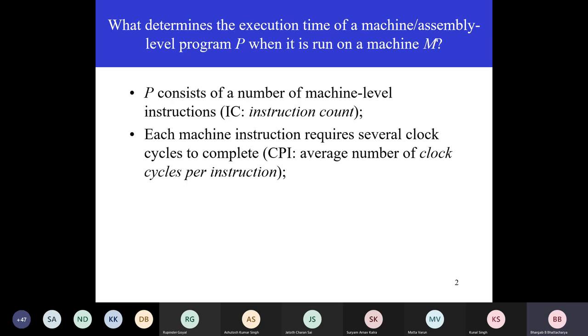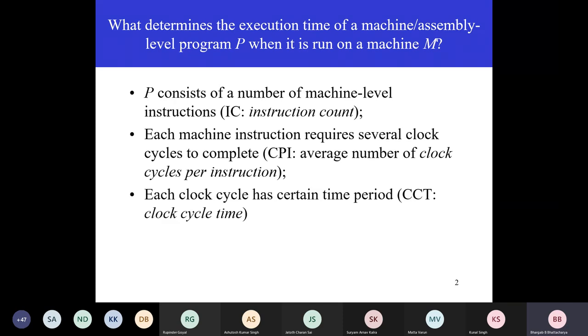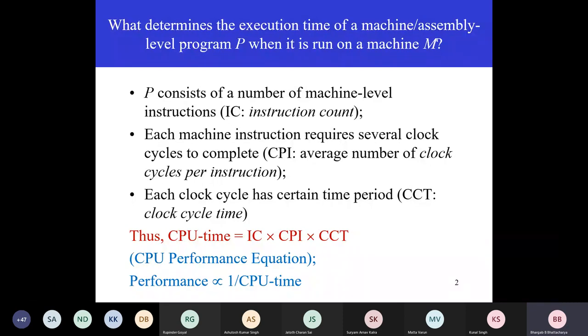This is a characteristic of the machine implementation. And each clock cycle has a certain periodicity, the clock cycle time, right? CPU time is the product of these three parameters, and if the machine runs faster, we say that the machine performance is better. Therefore, performance is inversely proportional to the CPU time.